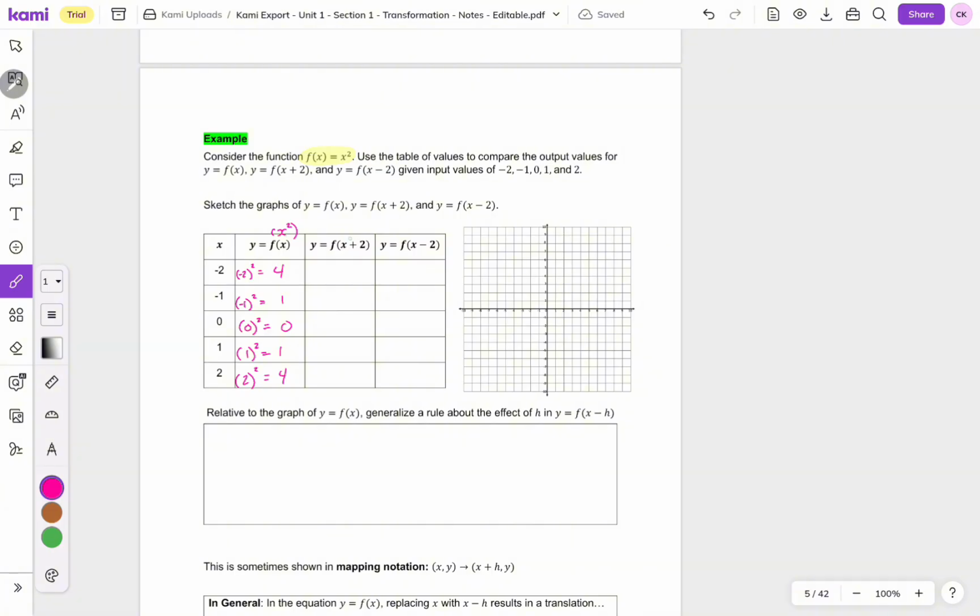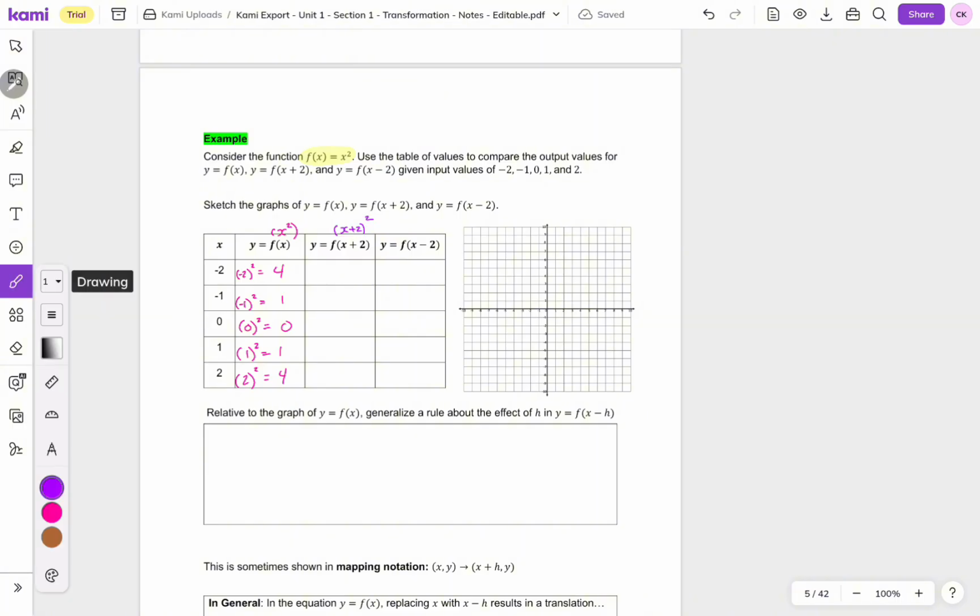Alright, now this one says that first I have to add 2 to my x value before I square it. So this would be like the function x plus 2 squared. Which I'm going to actually do in a different color here.